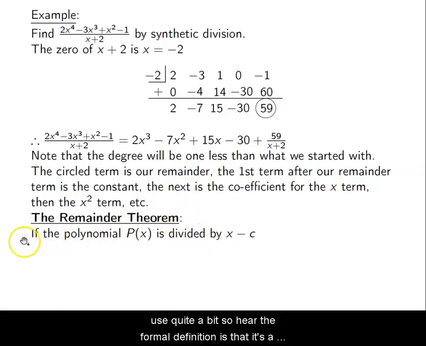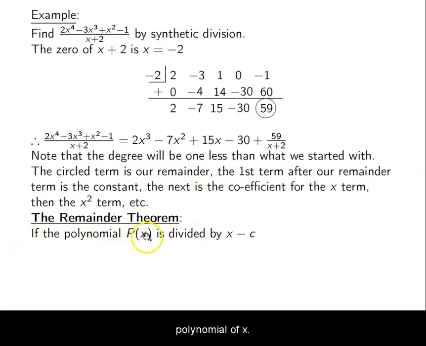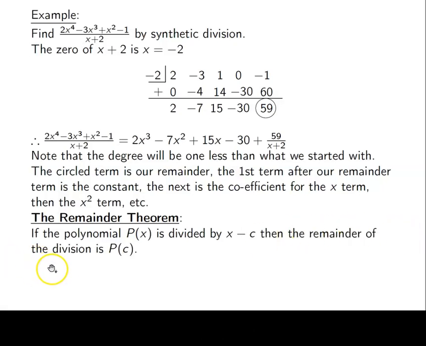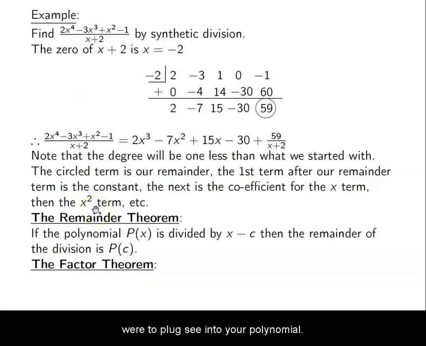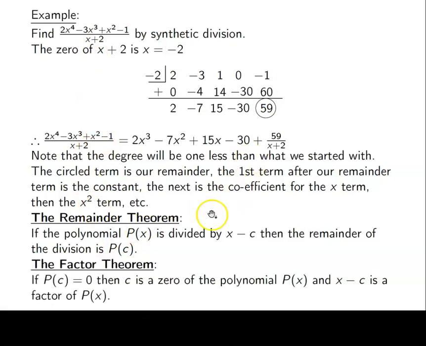Here the formal definition is that if the polynomial p of x is divided by a linear polynomial, in this case x plus 2, then the remainder of the division is p of c. So the remainder is the same exact thing as if you were to plug c into your polynomial. The factor theorem.